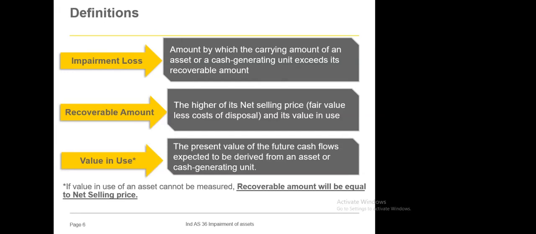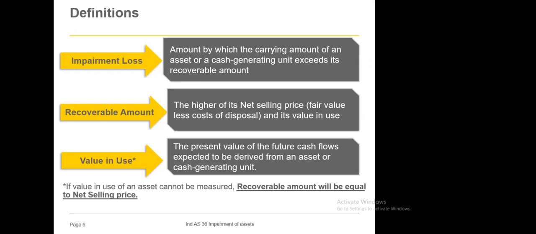Now the company has to assess what the future cash flows from that plant and machinery are going to be. Present value of future cash flows means you first assess your future cash flow for maybe the next 5 years or 10 years, depending on the useful life of the asset, and then you take the present value of that amount.